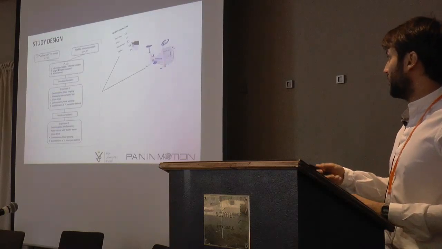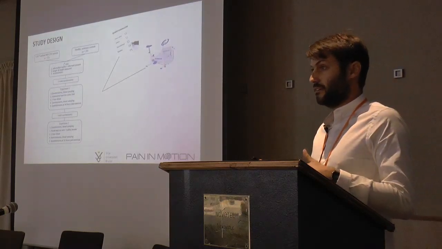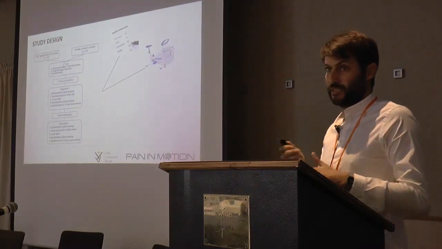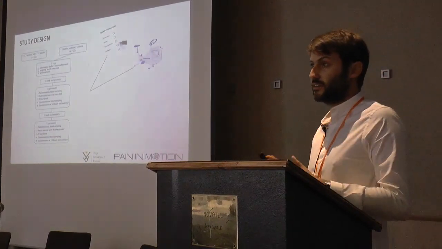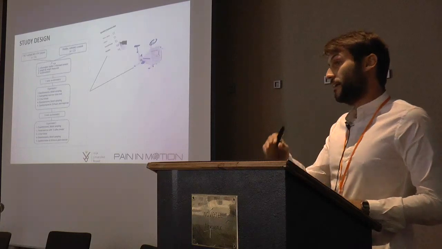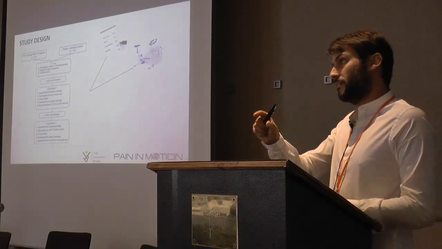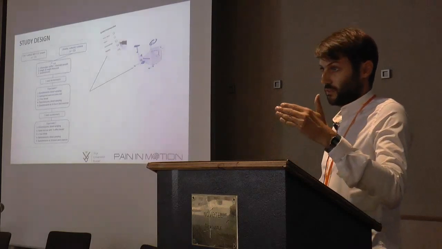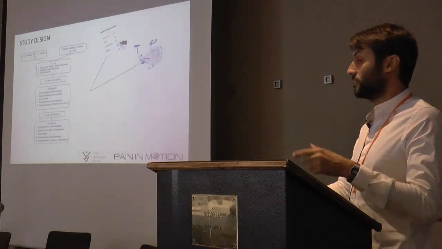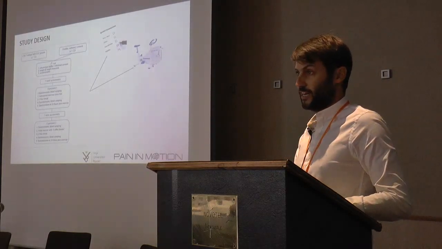They have to cycle at a fixed pedaling rate, around 60 to 70 cycles per minute, while we increase the resistance that the bicycle gives to the subjects minute by minute, 25 watts per minute.